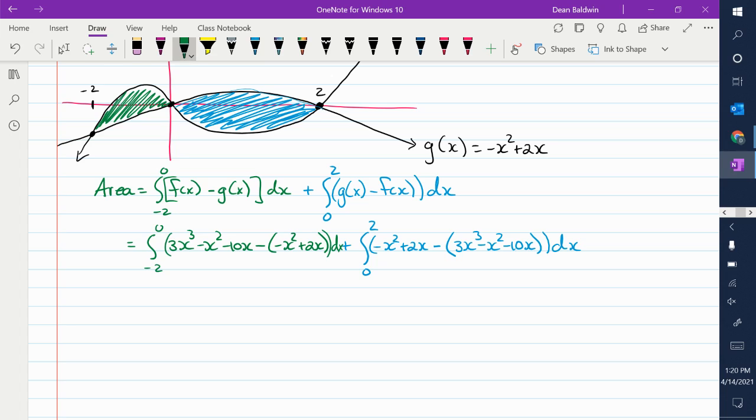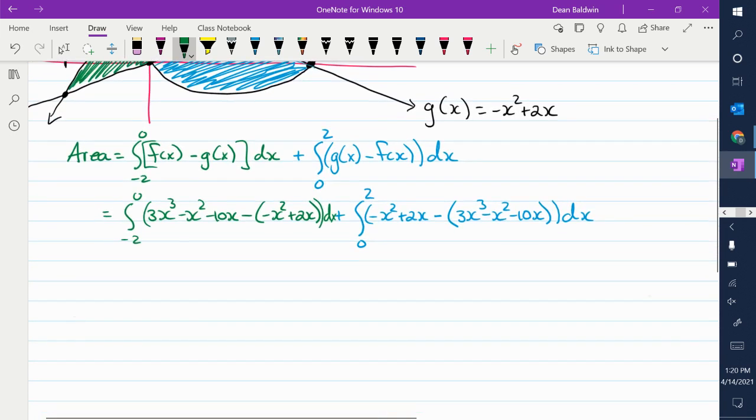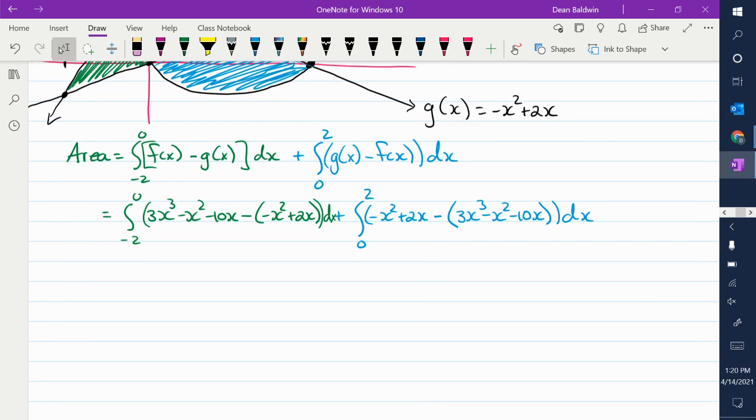So now we have to simplify before we do the integration. So the green bit, 3x cubed. There's no other 3x cubed. So it's -x squared minus -x squared. What does that become? 0x squared.